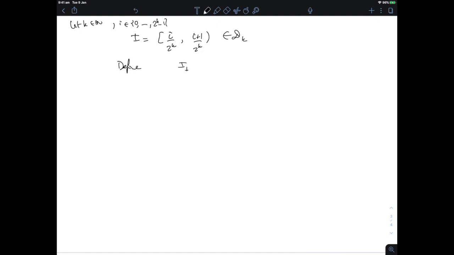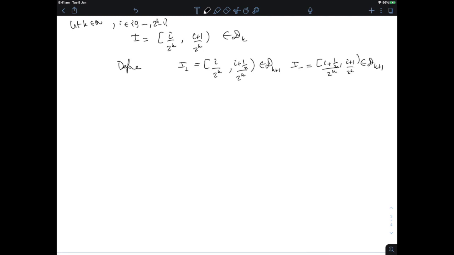Might as well call the left-hand side I plus, because that's where the Haar function is going to be positive, and I minus for the right-hand side on which the function is negative. And notice that these are elements of D_{k+1}.